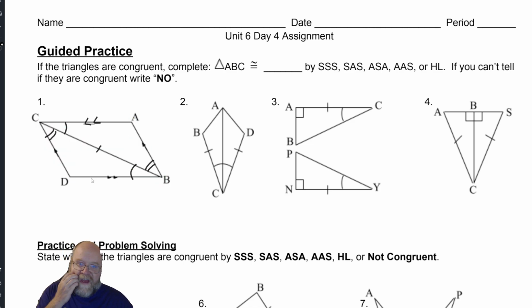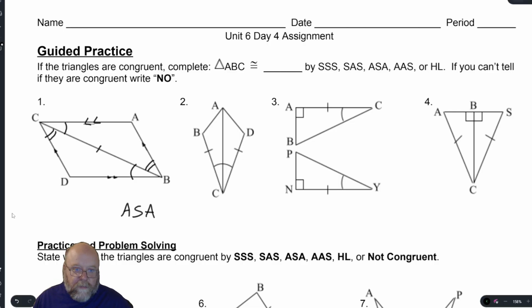Okay. Now what do we got? Angle, side, angle, angle, side, angle. So we are going to use ASA. Let's make our congruent statement. Triangle ABC is congruent to. Okay.